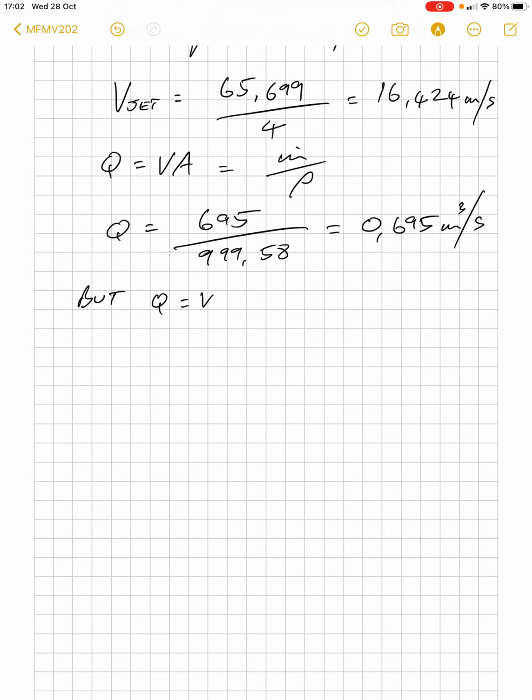Q is also equal to VA, and we are trying to find out the size of the nozzles. It's equal to V times pi over 4 d squared.